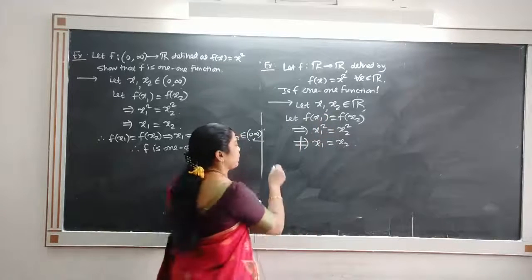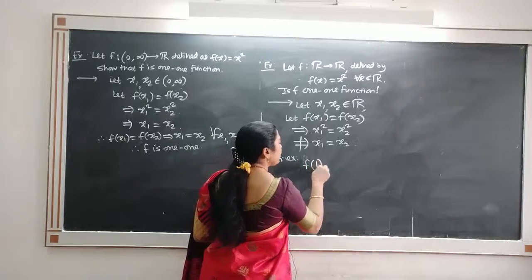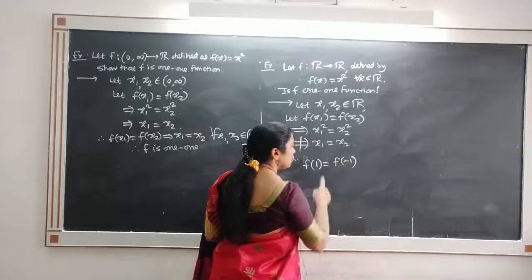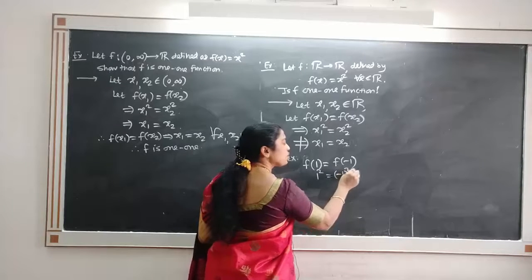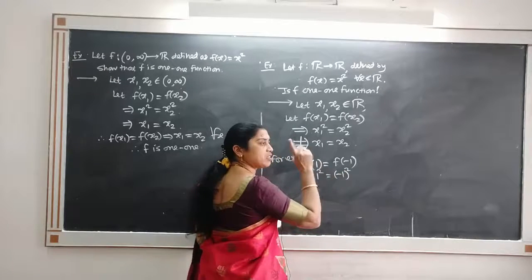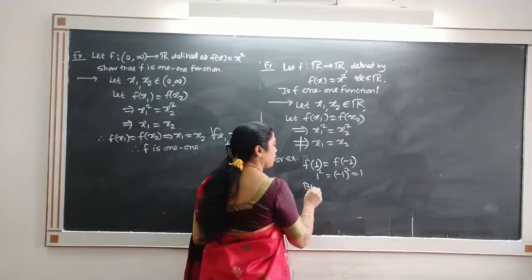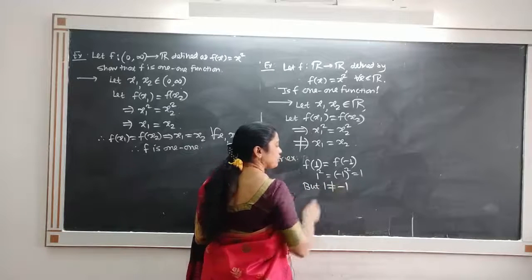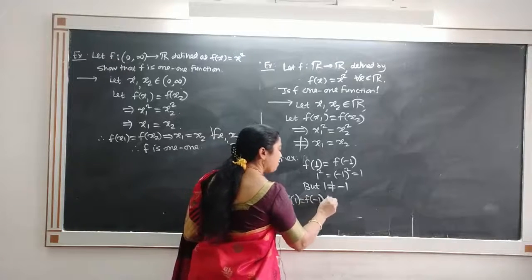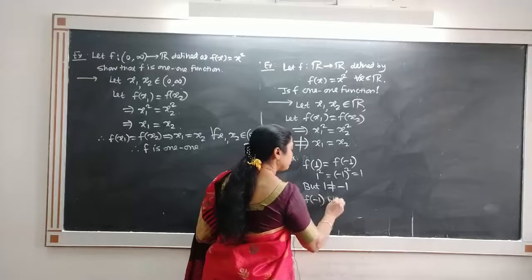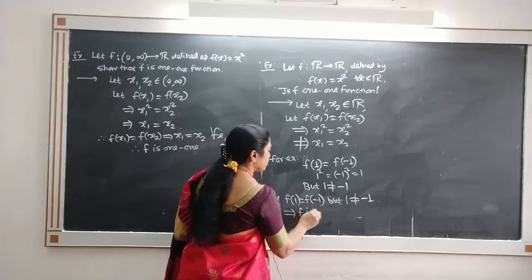For example, we have f of 1 and f of minus 1. f of 1 means 1 square, f of minus 1 means minus 1 square. Both squares are the same. Minus 1 square is also 1, 1 square is also 1. That is, f of 1 is equal to f of minus 1, but 1 is not equal to minus 1, and therefore f is not 1-1.